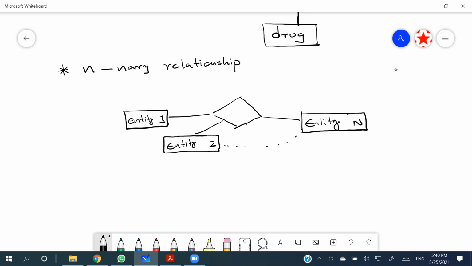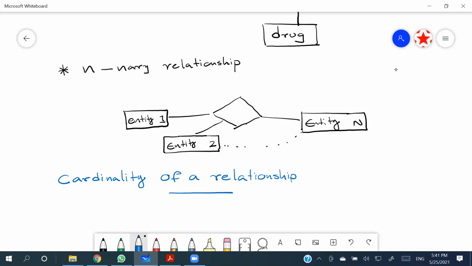This is called the cardinality of the relationship. I'll take three types of examples to do this.